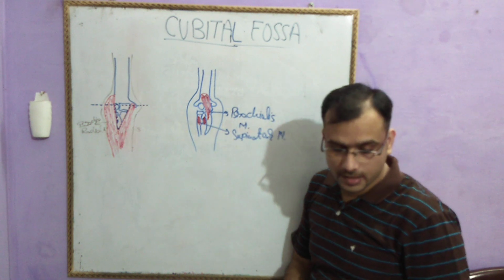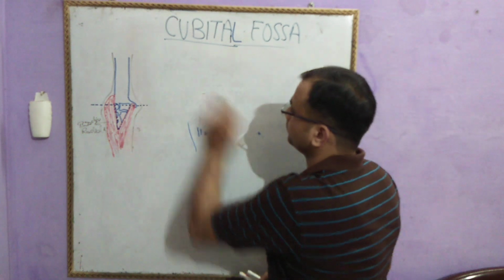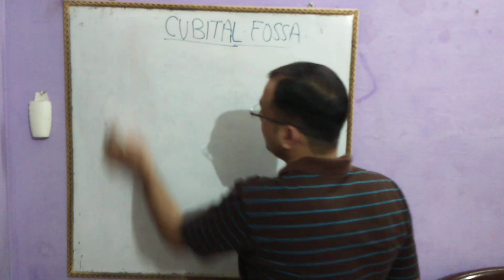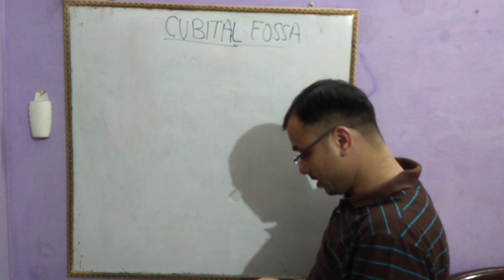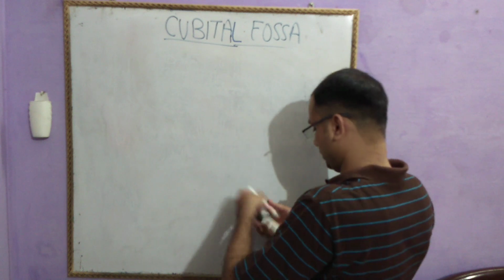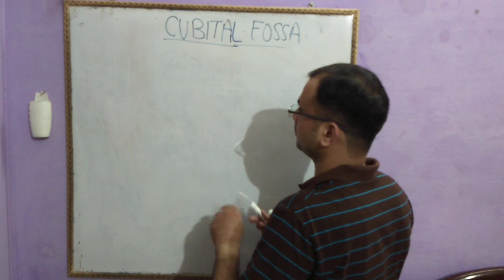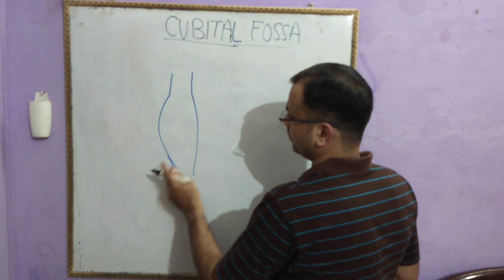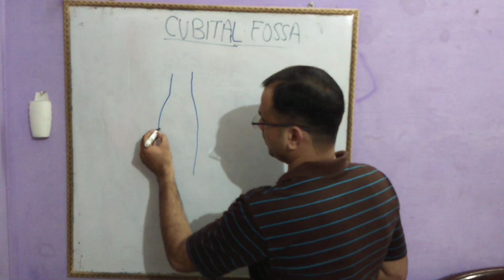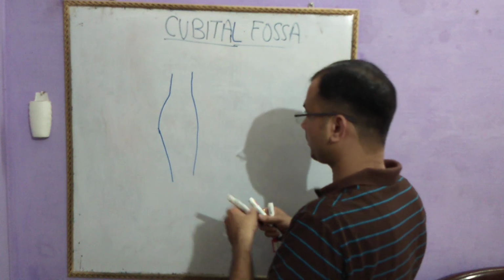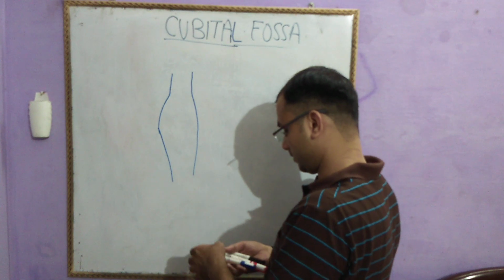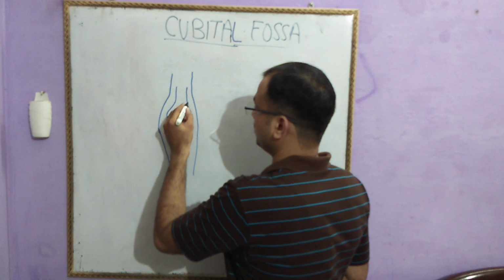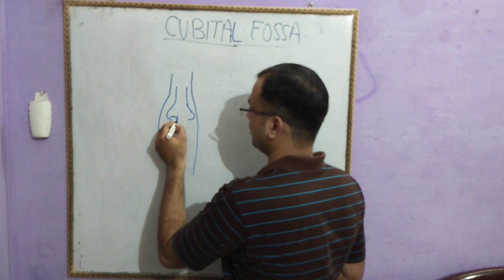Now we will talk about the contents of the cubital fossa. We will draw another diagram for the contents. So this is the elbow region. This is the humerus, medial and lateral epicondyle.